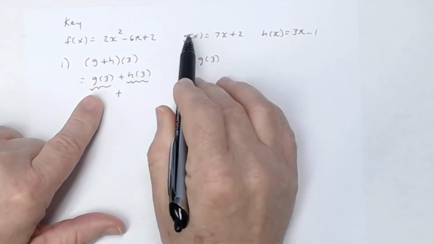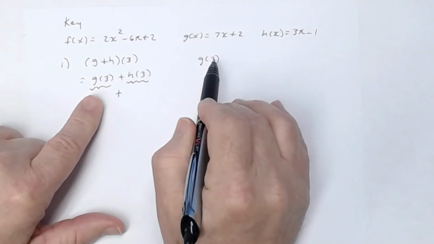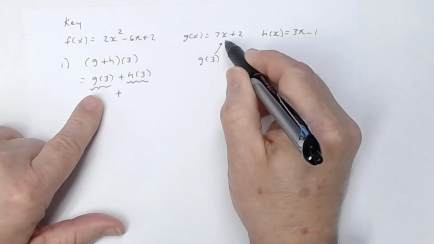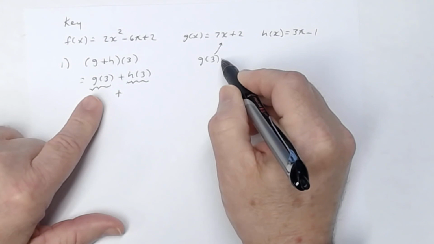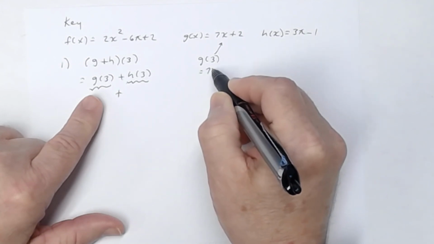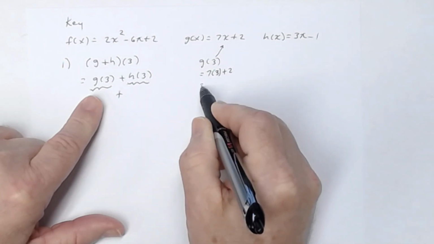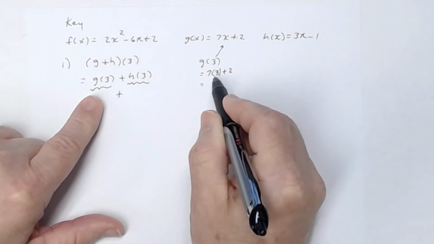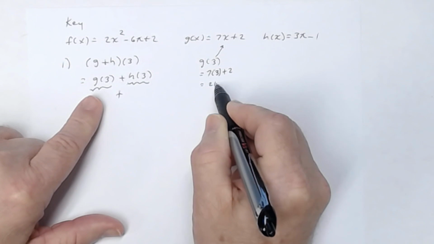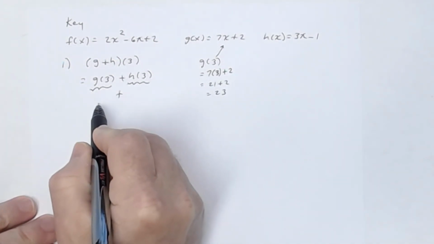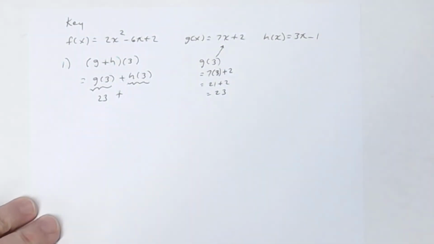You go to your function g of x, and wherever you see the variable x, you substitute 3. So we get 7 times 3 plus 2. Using the order of operations, we multiply before we add, so we get 21 plus 2, which is 23. So g of 3 is 23.